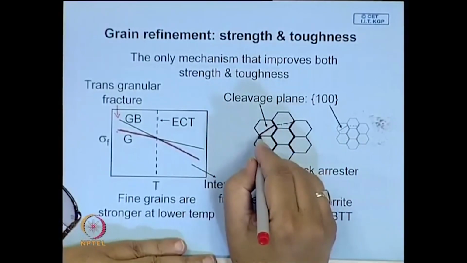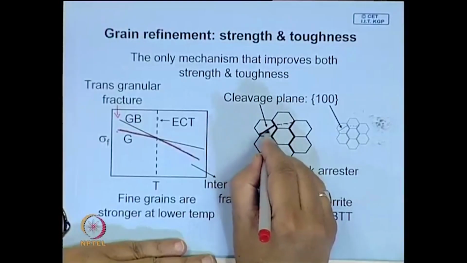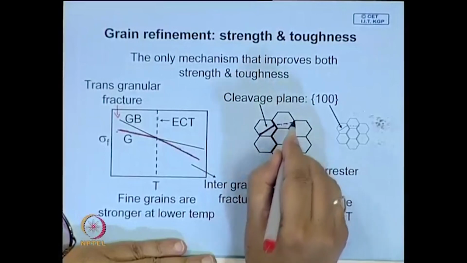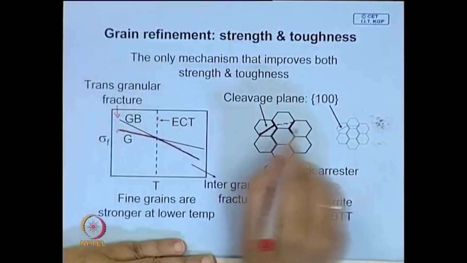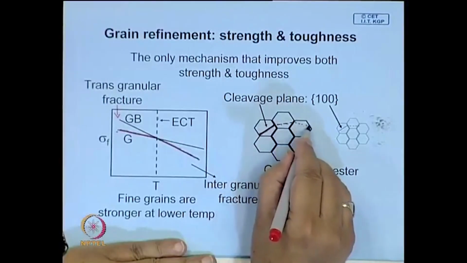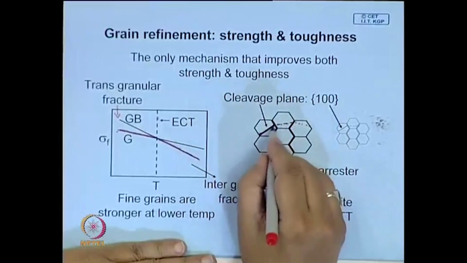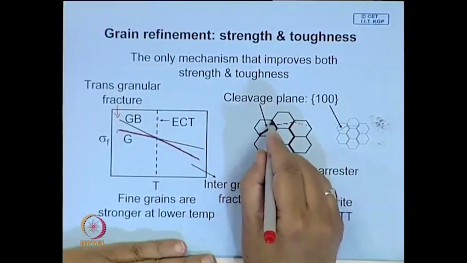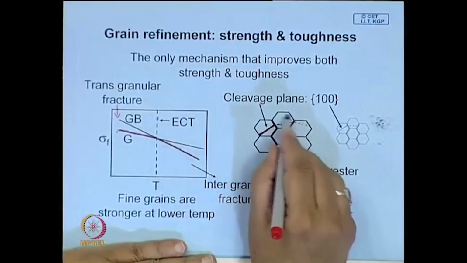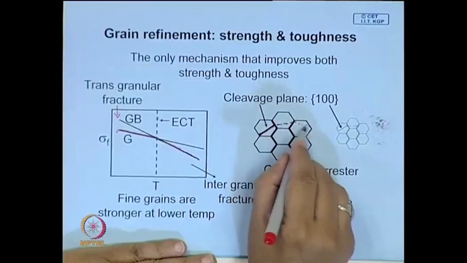So, even if the crack propagates through a grain which is favorably oriented for the cleavage crack to take place, it does not automatically go to the next. So, these are the paths. This is how the crack is likely to propagate, and at every grain boundary the direction has to change, since the neighboring grain may not be favorably oriented for the crack to grow.